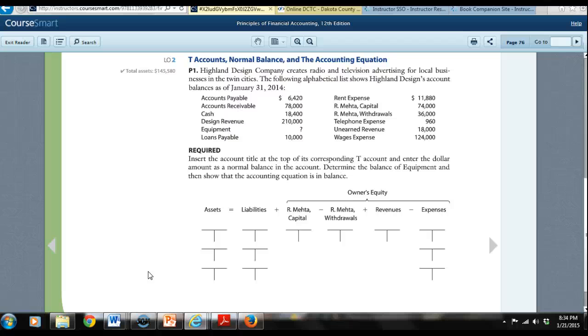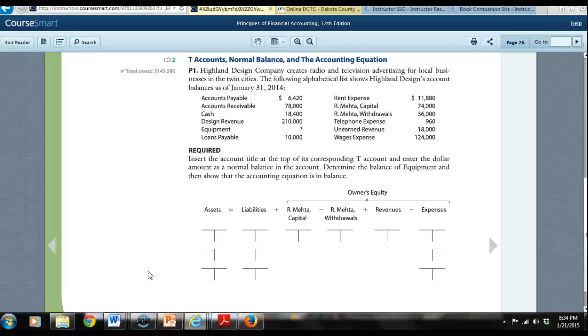Unearned revenue. We can tell what it is by the section it's in. It's a liability. Liabilities have a normal credit balance. Remember, liabilities, normal credit balance. Then we've got something called Armada Capital.